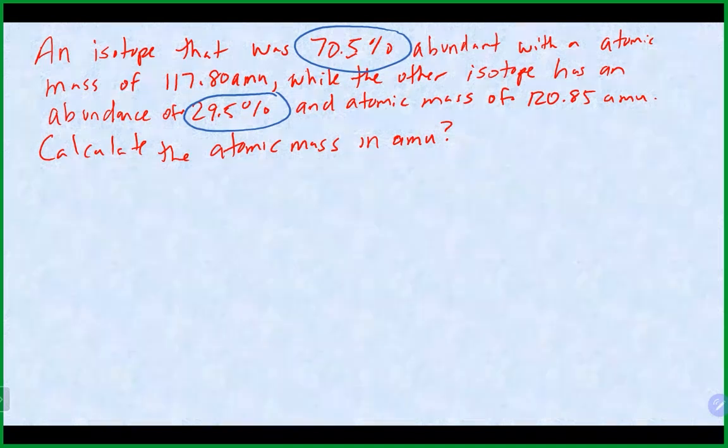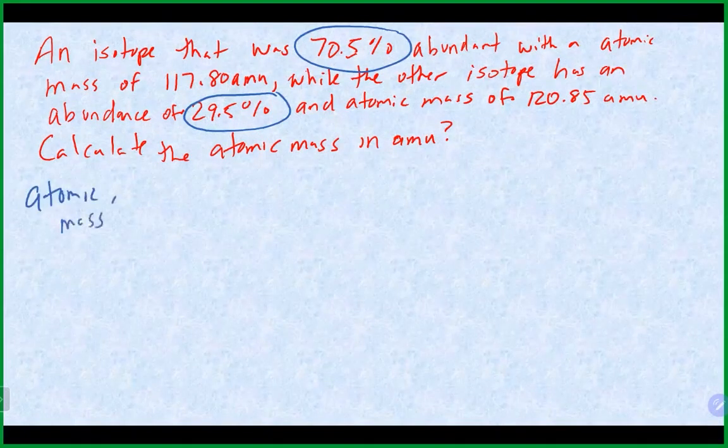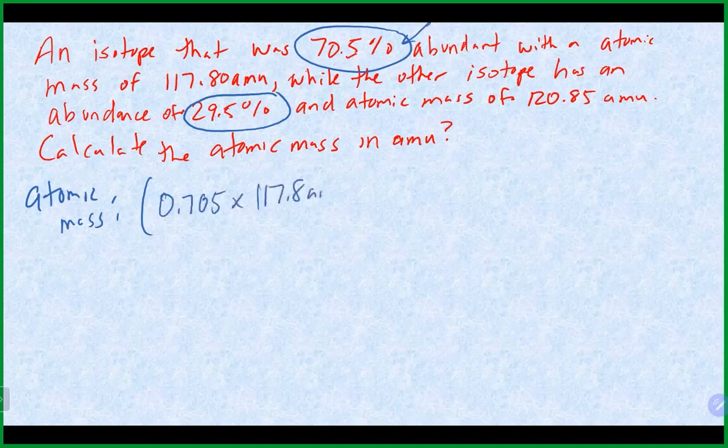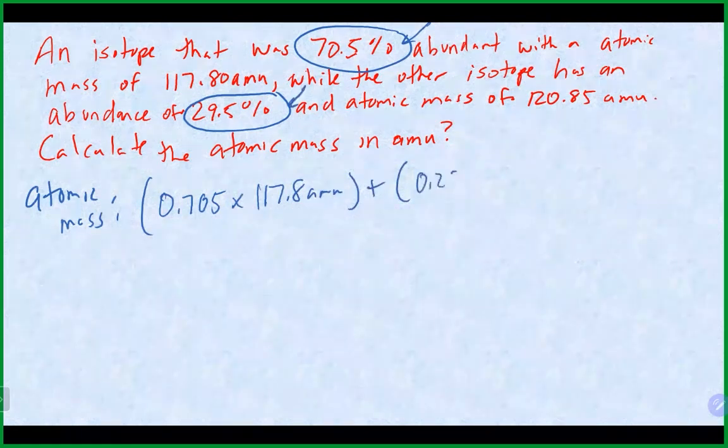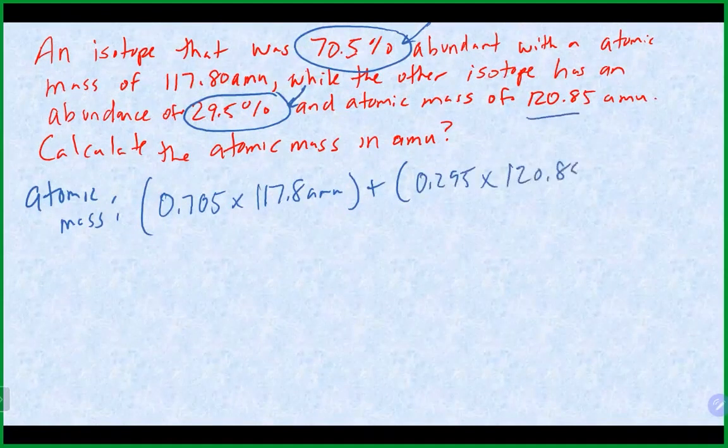So we're going to figure out the atomic mass here by taking the first isotope, and I'm going to convert it into a decimal. We're going to move the decimal place 2 places to the left, or you can divide by 100 to do that. We're going to times it by the atomic mass of the first isotope. We're then going to do the same thing for the second percentage: divide by 100, and that will get us 0.295 times our second isotope's mass, 120.85.